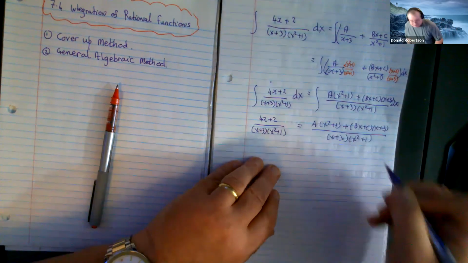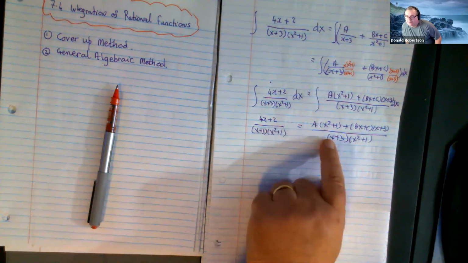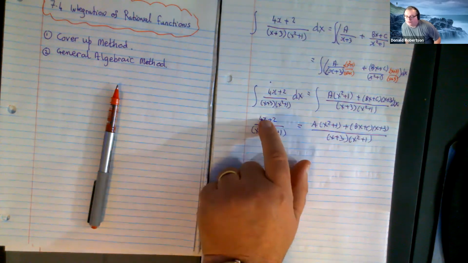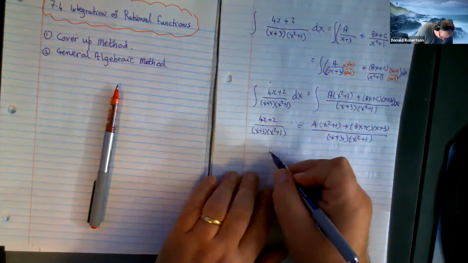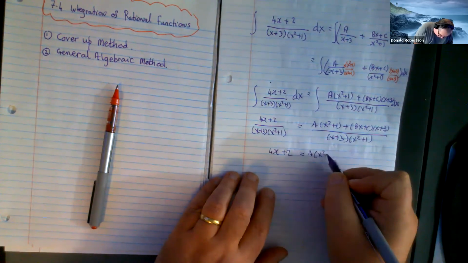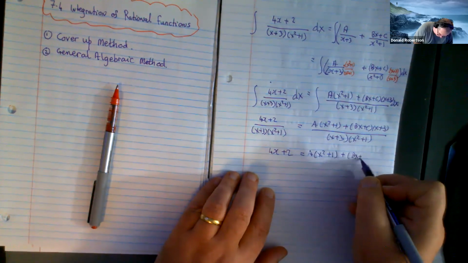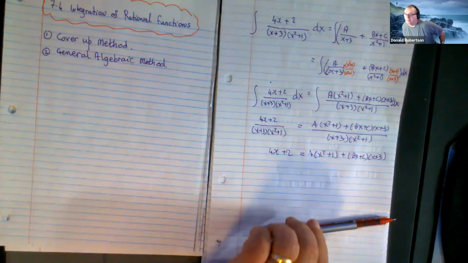Now, if two fractions are equal to each other, and those two fractions have the same denominator, does it seem reasonable to make the assumption that the top two terms are also equal? And that means I can now write down 4x plus 2 is equal to a(x squared plus 1) plus bx plus c(x plus 3). Are you happy with the logic to get to there?